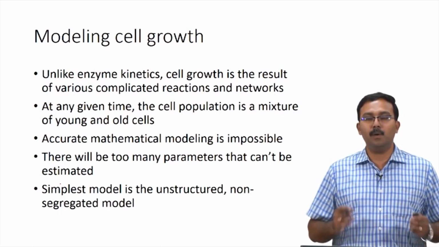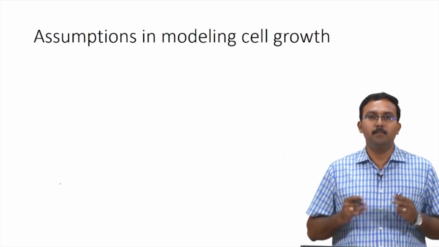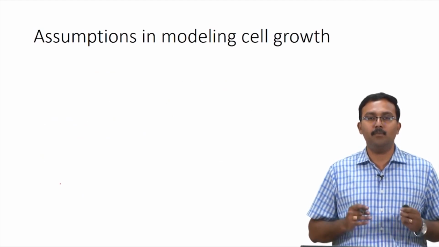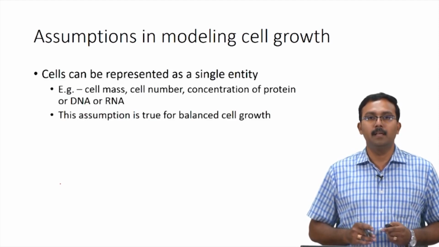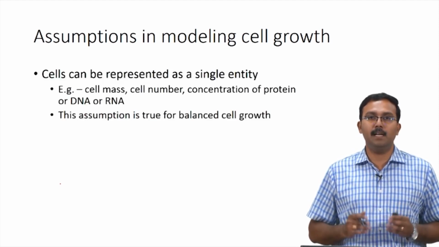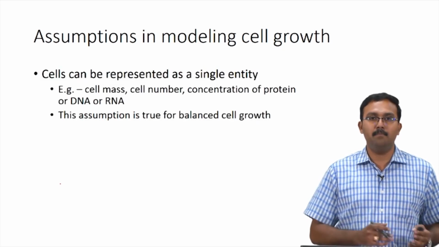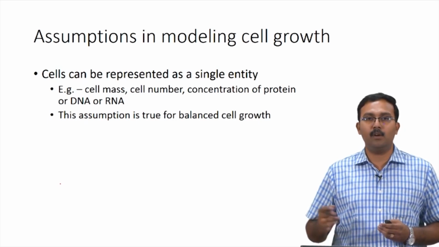We are going to look at one such model which is called the Monod model. Before we do this, we should understand what assumptions have to be made for performing this type of unstructured non-segregated modeling. The first thing is, we will assume that cells can be represented as a single entity. It could either be cell mass, cell numbers, or concentration of a protein, DNA or RNA.